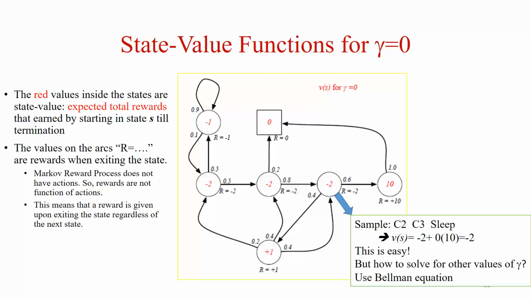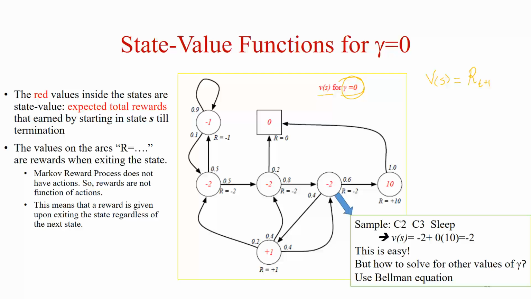So what we did, we calculated the state value when the discount return is 0, and in this case the state value will equal the immediate reward, which is in the next cycle.